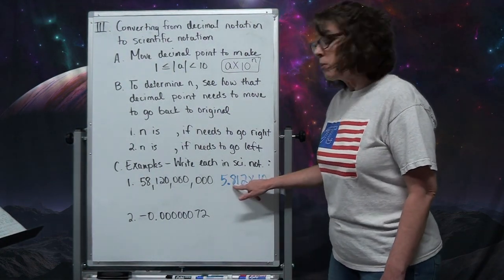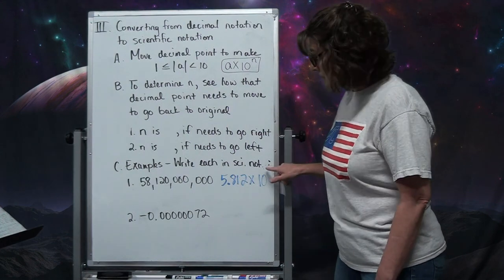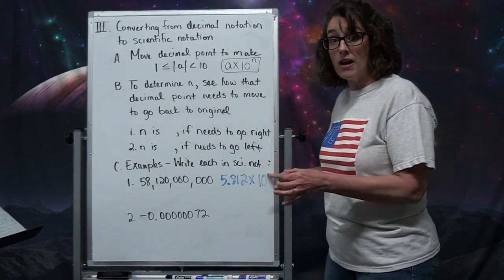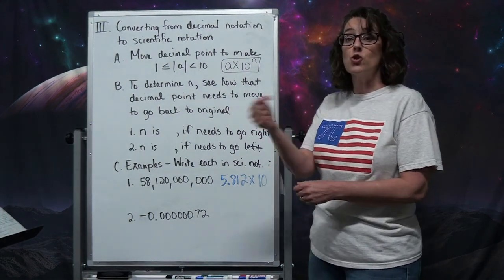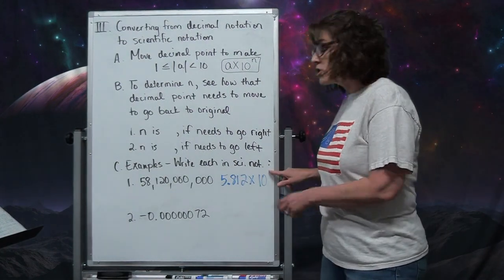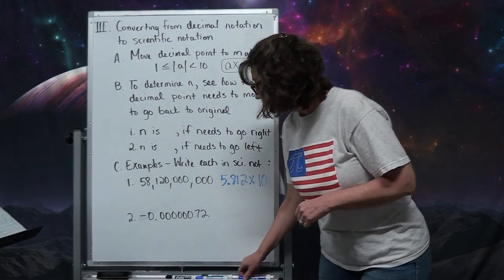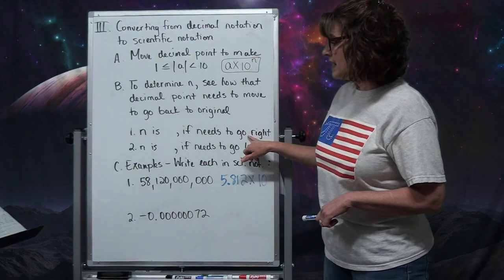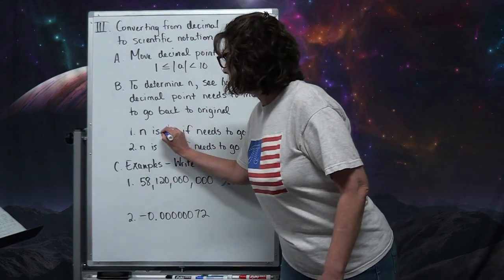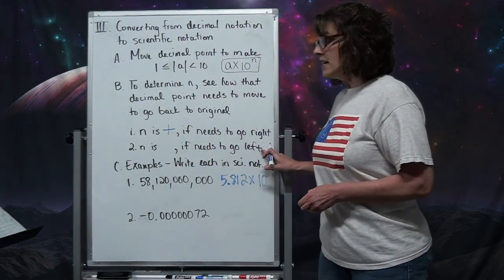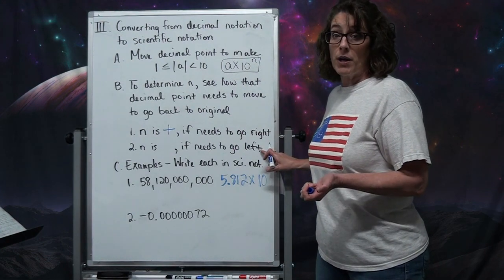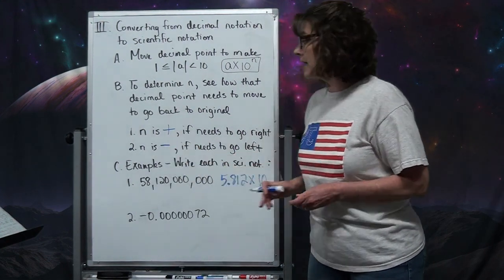So if this decimal point needs to go to the right, then that means this exponent needs to be positive, because anything positive is to the right on that number line, so this is going to move it to the right if it's positive. So therefore, if it needs to go to the right, my n is going to be positive. If it needs to go to the left, then which way would it go? My n needs to be negative.